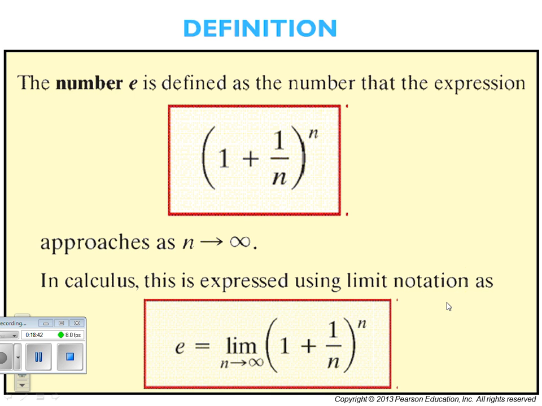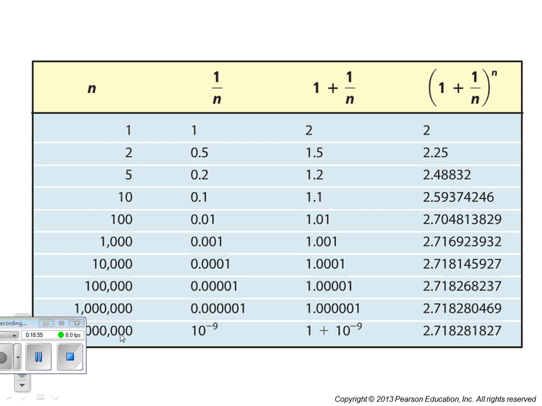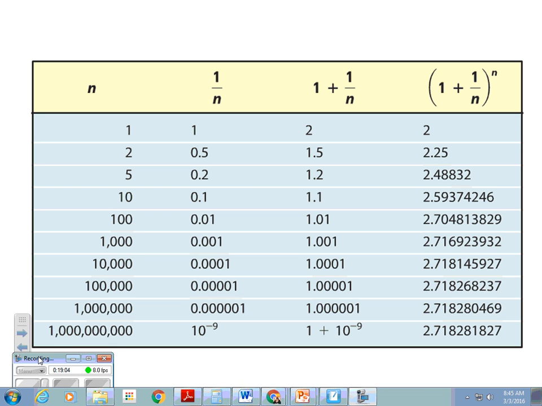We write that e equals the limit as n approaches infinity of 1 plus 1 over n to the n power. All right, and then you can test it out if you really want to. As you put larger and larger numbers in for n, you get closer and closer to the decimal approximation.